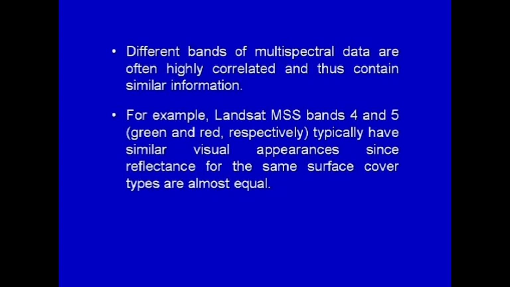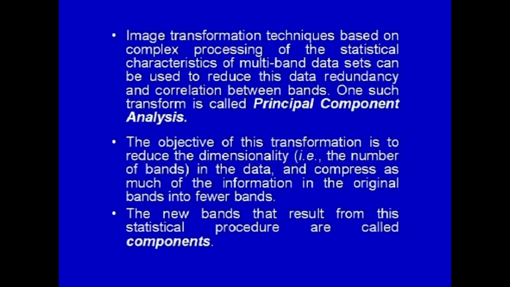For example, Landsat data MSS band 5 and 4, that is green and red respectively, have similar visual appearances, since reflectance from the same cover types is almost equal. Image transformation techniques based on complex processing of the statistical characteristics of multi-band data sets can be used to reduce this data redundancy and correlation between the bands.